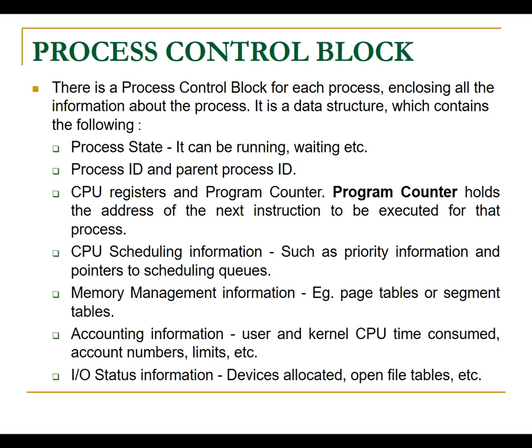Parallelly with this, if 30 are running from the bunch of 80 processes, then the program counter of ready is 80, and so on. So this is the main task of the process control block, which contains the program counter. That program counter actually holds the address of the next instruction to be executed in the process state diagram.